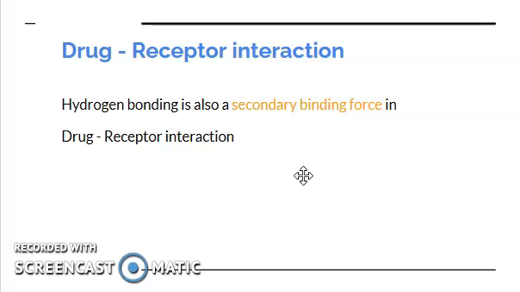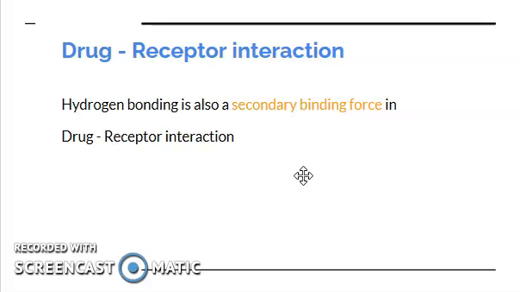Similarly, the drug has to fit the receptor exactly, then only can we expect the pharmacological action. In this process, hydrogen bonding plays a secondary binding force in drug receptor interaction. This is how it is important in showing biological action.